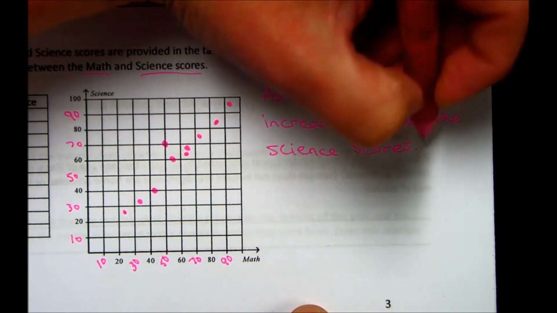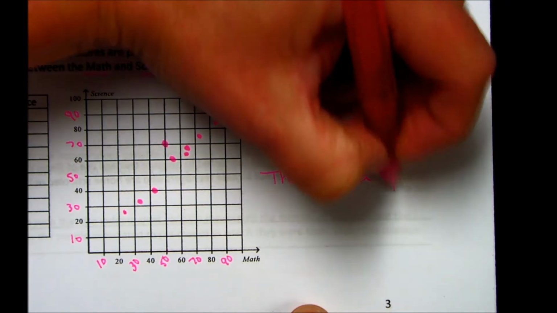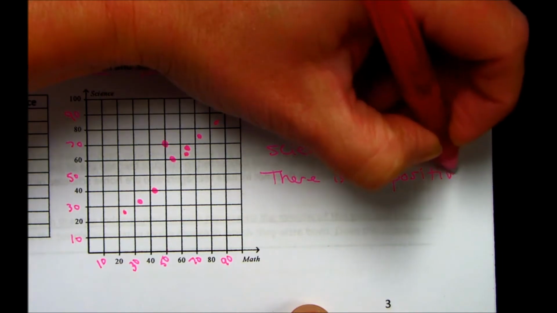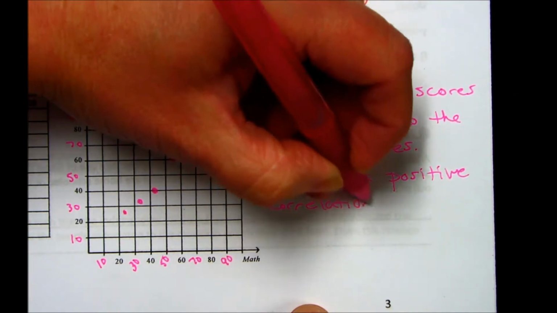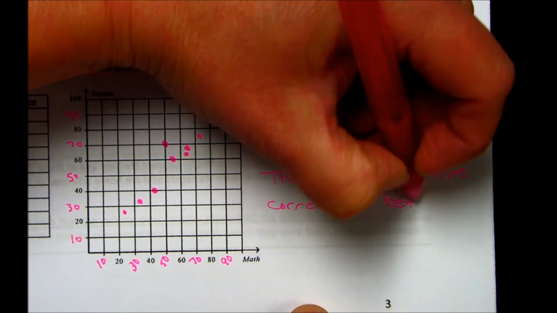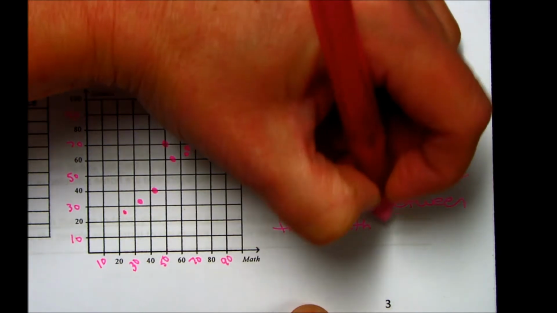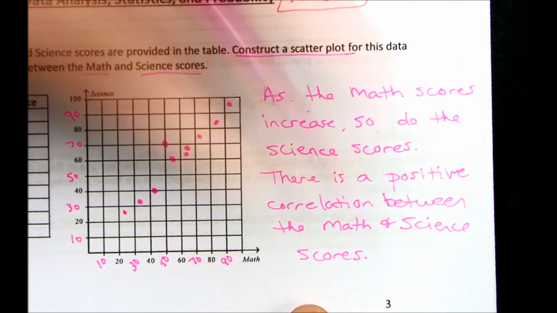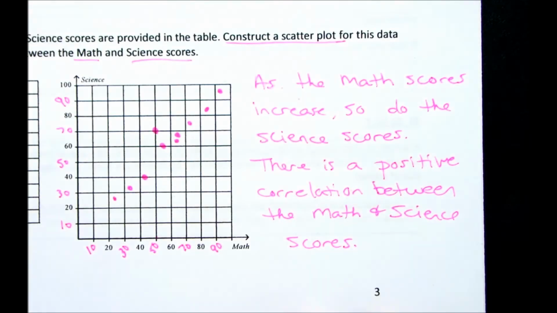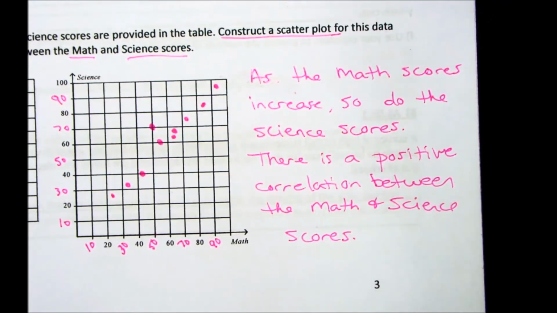So there is a positive correlation between the math and science scores. I would probably put all of that. I'd rather have, like I said, a little bit over-explained than not explained enough. All right, so that's all we had to do for that problem.